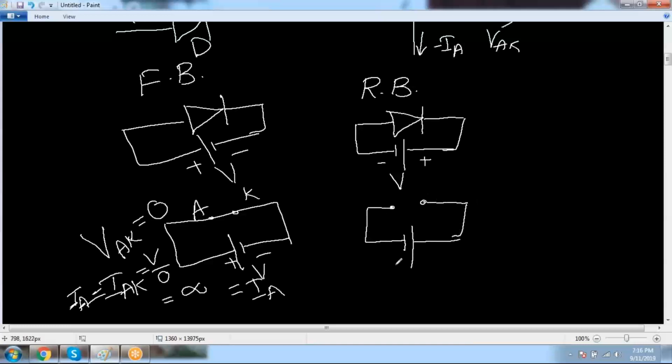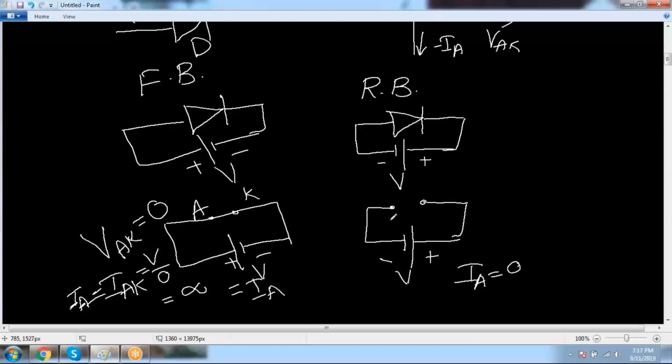Because whenever a diode is reverse biased, students, you know that it behaves like an open circuit. Whenever it is open circuited, the current is not allowed. So what is IA? IA will be 0.